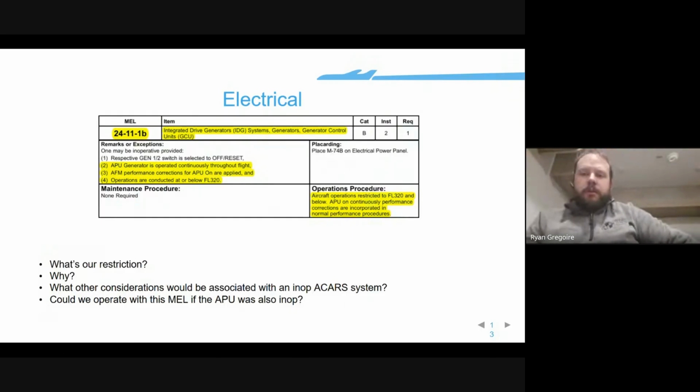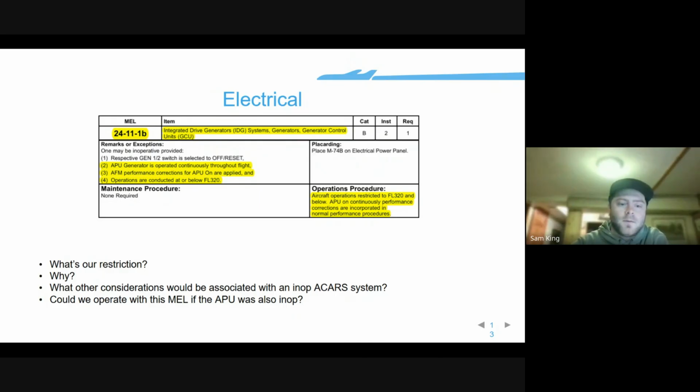Okay, what are the restrictions associated with an inoperative IDG? Sam. You need to be below flight level 320.